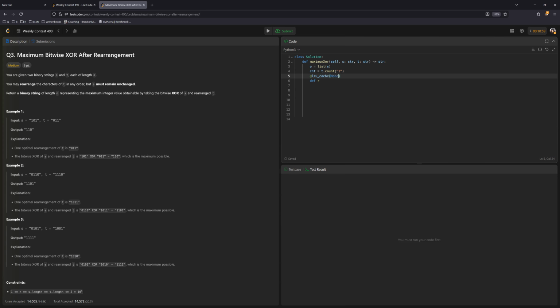Def R, LRU cache none. Def R position, remaining count. Okay. If I equals length of O, then return. Right? If C equal, there's nothing more to do.